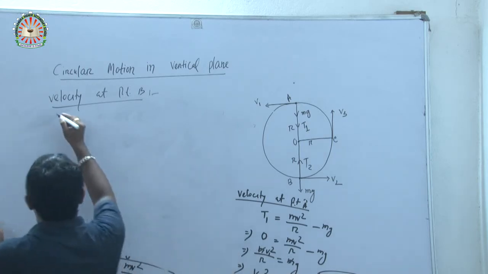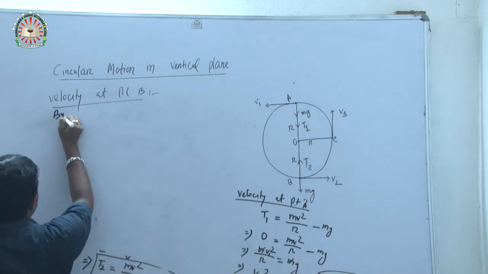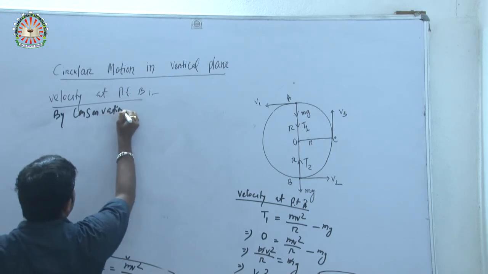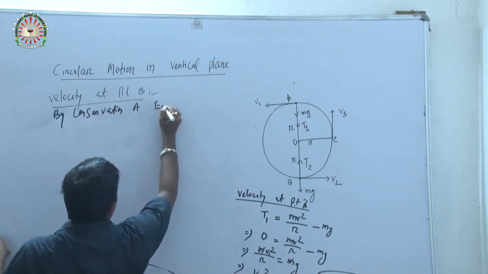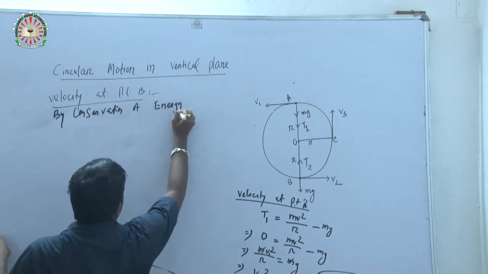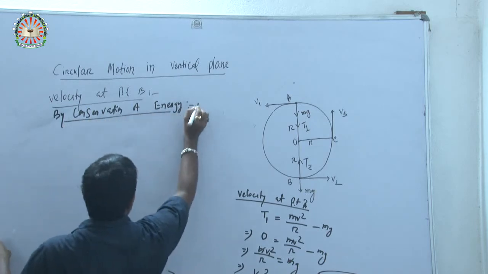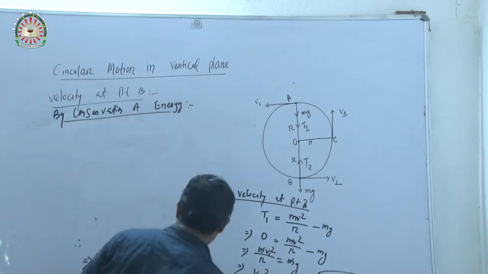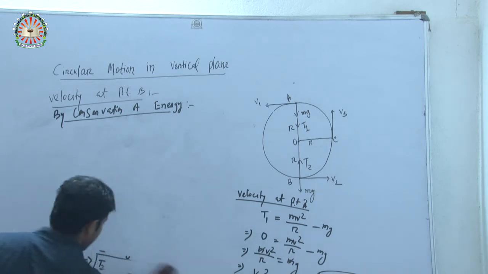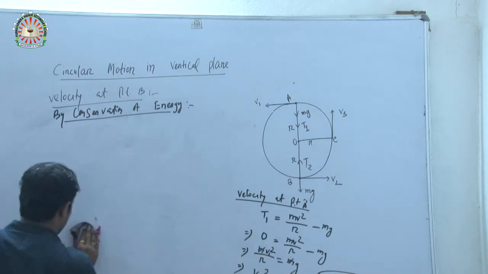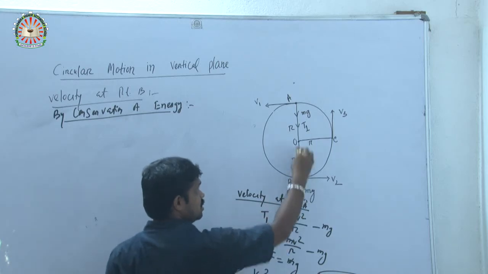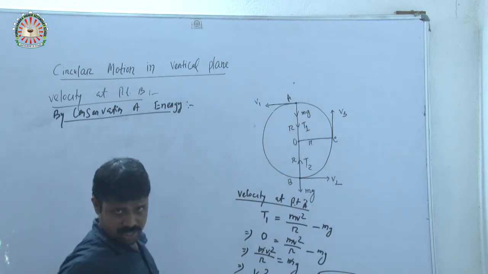What does the conservation of energy say? It says that the total energy at point B is equal to the total energy at point A. That is simple.